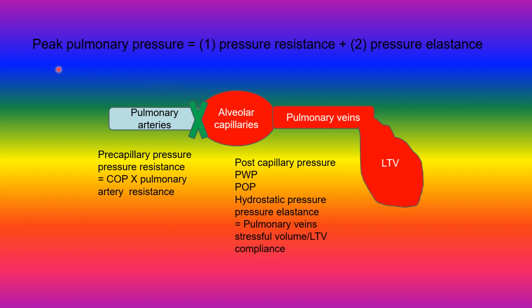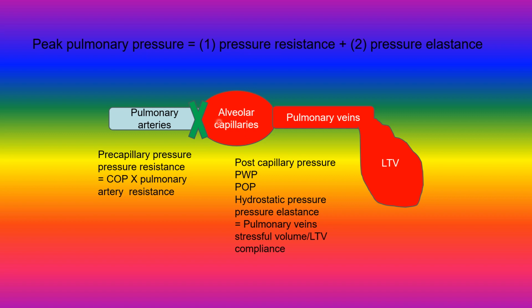Or in another way, this peak pulmonary pressure equals the pressure resistance plus the pressure elastance. The precapillary pressure here is called the pressure resistance, and this pressure resistance equals the cardiac output multiplied by the pulmonary artery resistance.